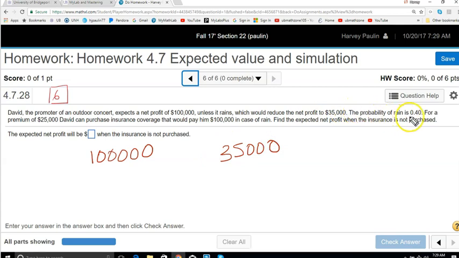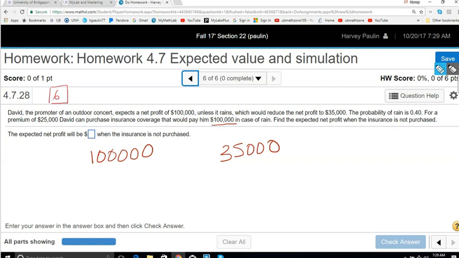Now, the probability of rain is 40%. The premium for insurance is $25,000. And the coverage would pay him $100,000 in the case of rain. Find the expected net profit when the insurance is not purchased.